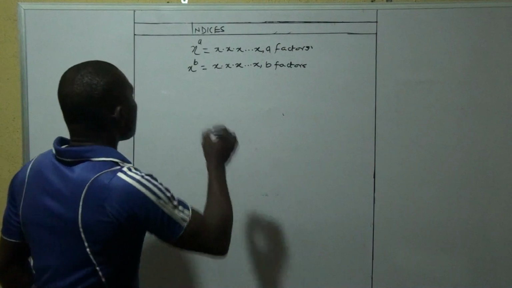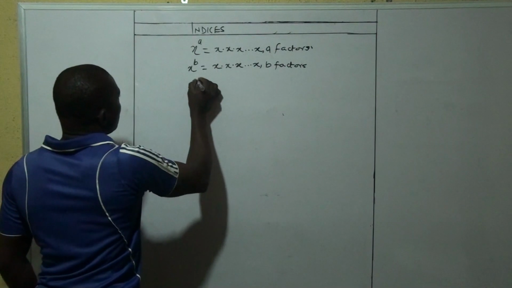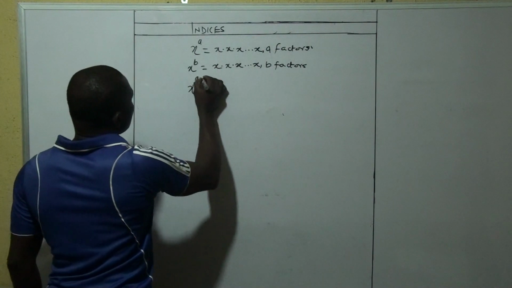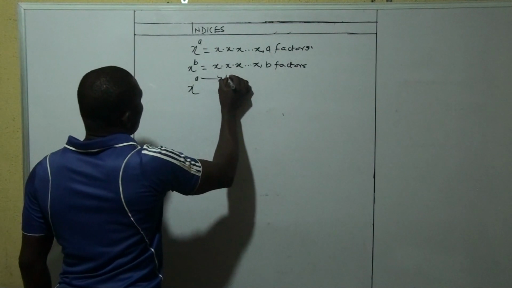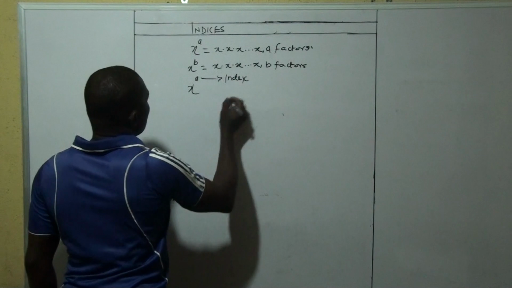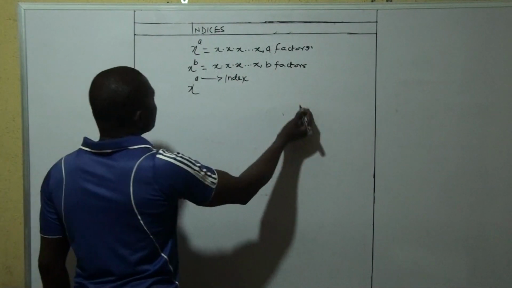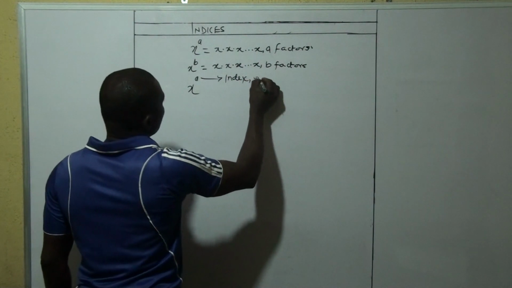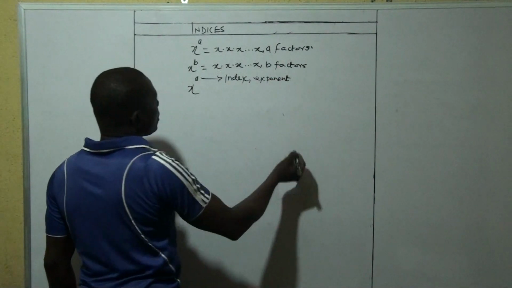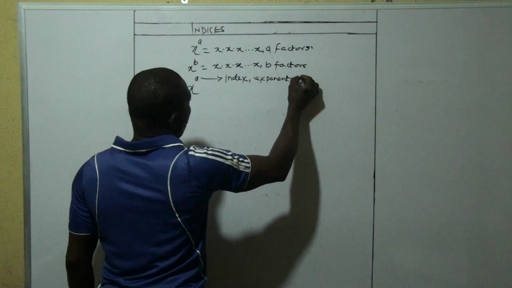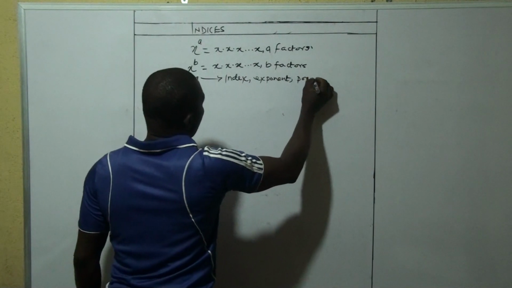Now, let's understand. We have an a here. The a here is called index. If it is only one, we call it index. Sometimes you can also hear people saying exponent or power.